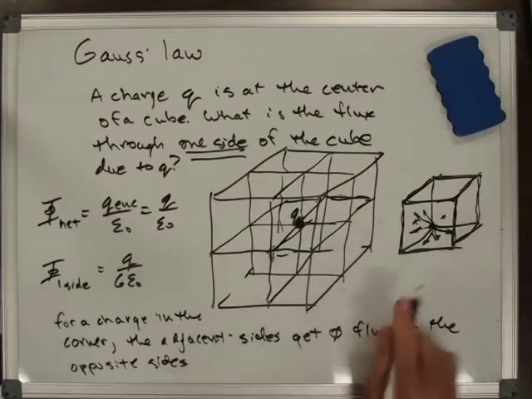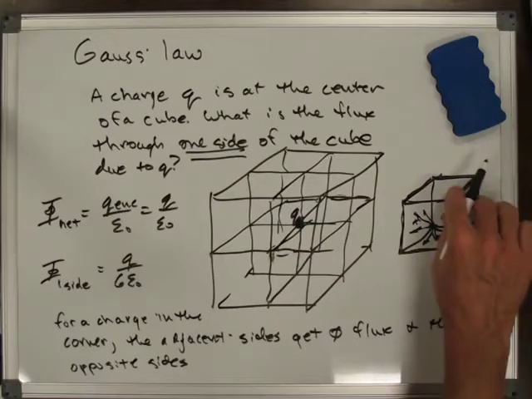I don't know what I really mean by opposite sides, but the 3 sides that aren't the adjacent sides, right?